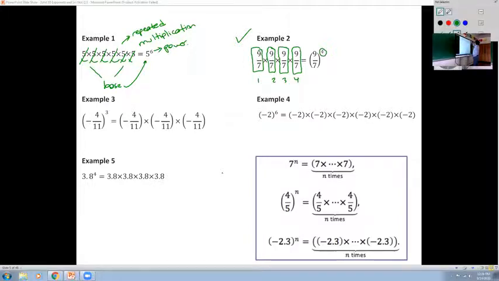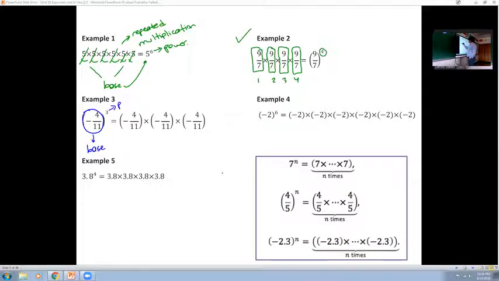And how about this one? This one is negative 4 over 11, cubed, right? This is the base, and this is the power. The whole thing is the exponent expression.